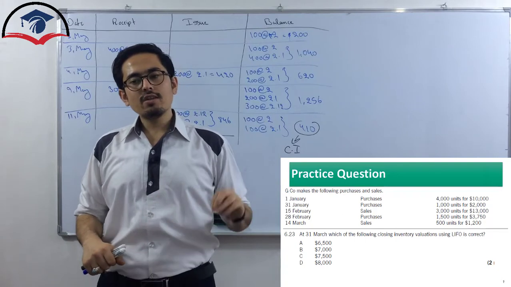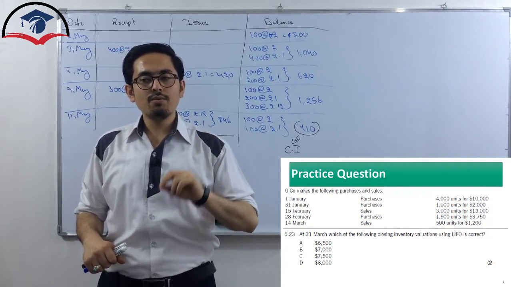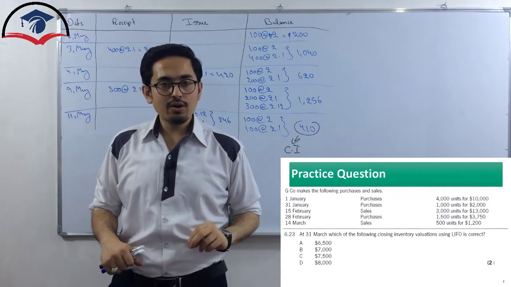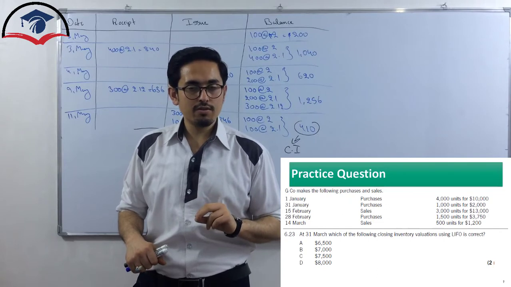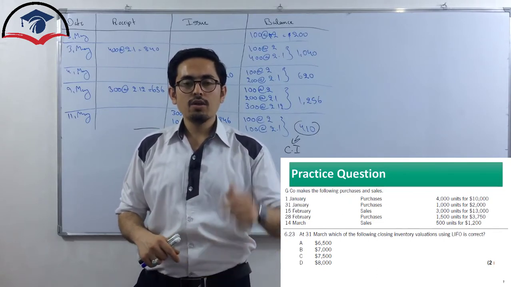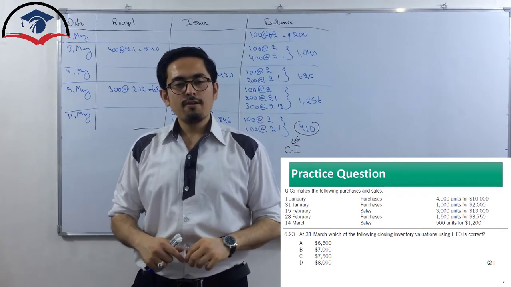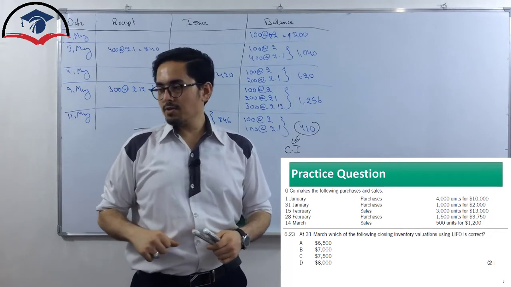The question says, at 31st March, which of the following closing inventory valuations using LIFO is correct? Which value for the closing inventory is the correct one using the last in first out method? I recommend you pause the video, focus on this question, and after that continue the video and come with me.